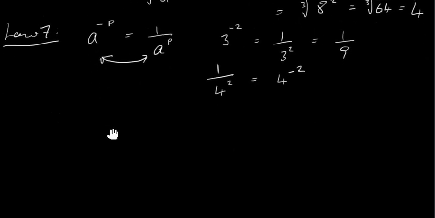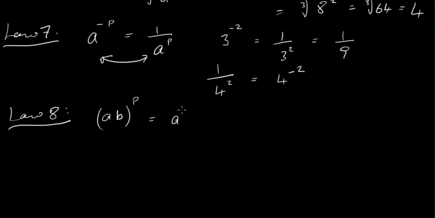Law number 8 is, okay, so if you have a multiplied by b and you raise that to the power of, let's say, p, what you can do here, if a is multiplied by b, you can raise a to the power of p and b to the power of p.